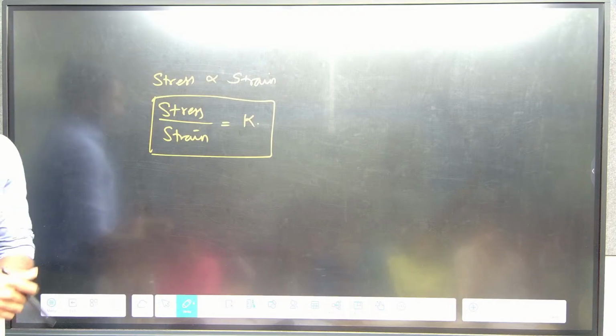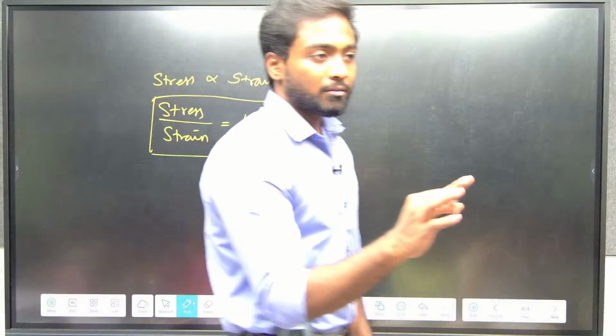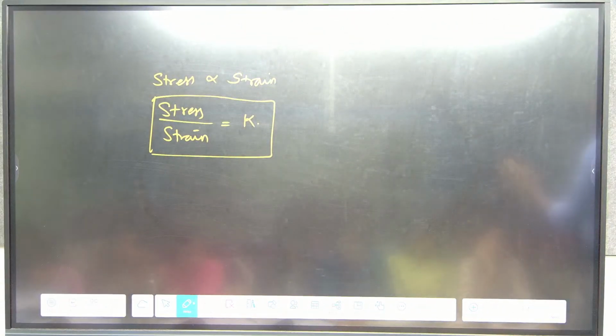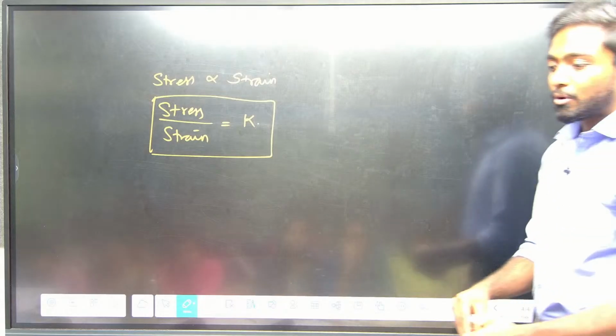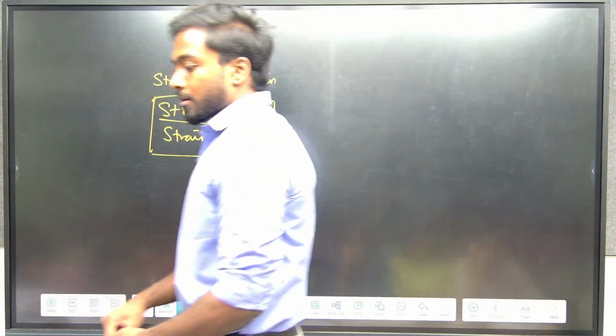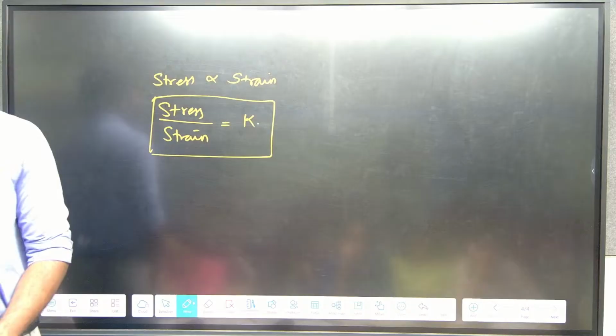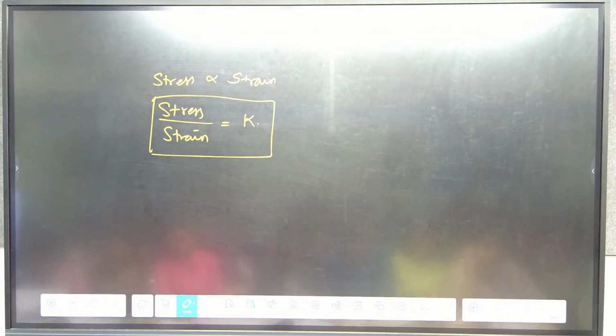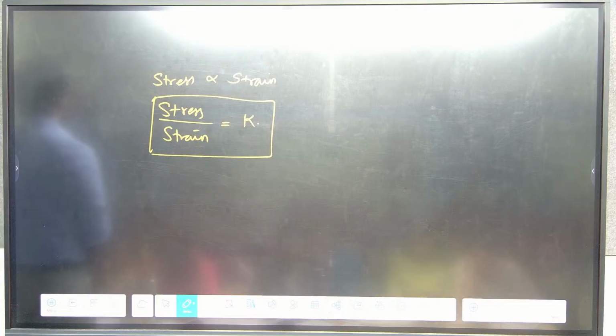Now, three types of stress and three types of strain we have talked about. Similarly, there are three types of modulus of elasticity. So K is nothing but the modulus of elasticity. Write down the types. The first is Young's modulus. The second is rigidity modulus.